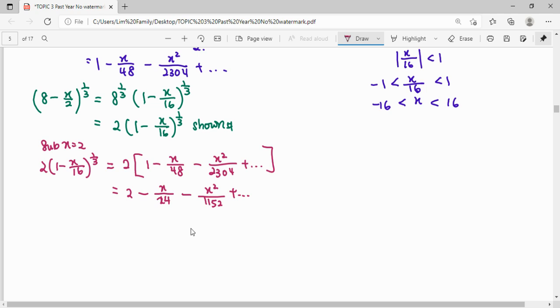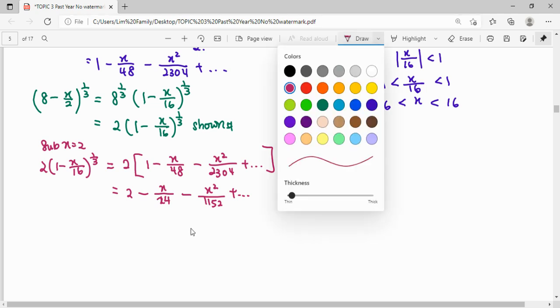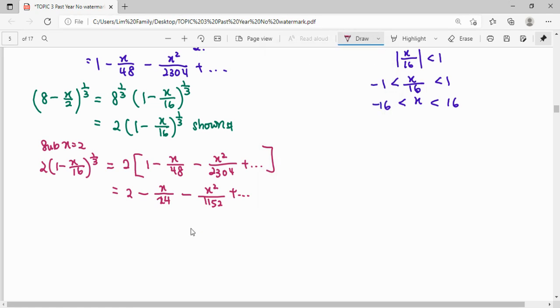So now we can start to substitute our x equals to 2.